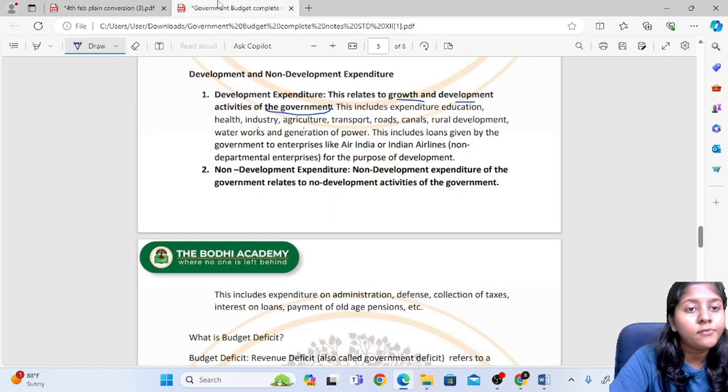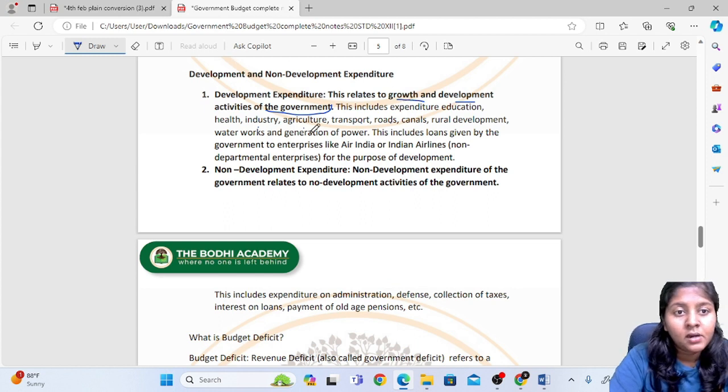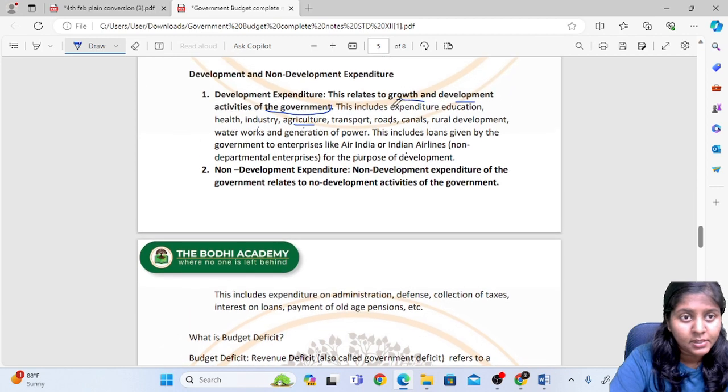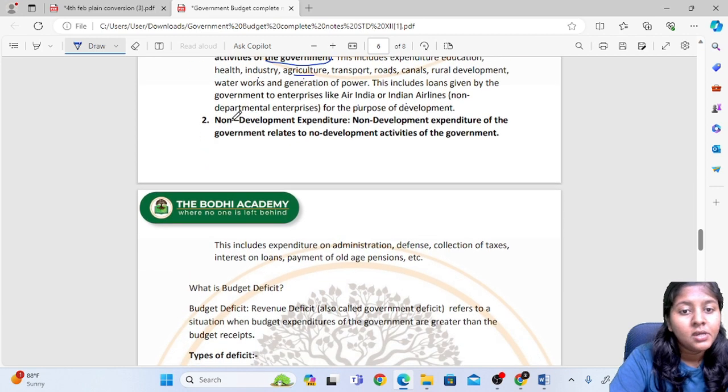These are part of development expenditure. Generation of power, agriculture. This also includes loans given by the government to enterprises like Air India or airlines. So these are development expenditure.